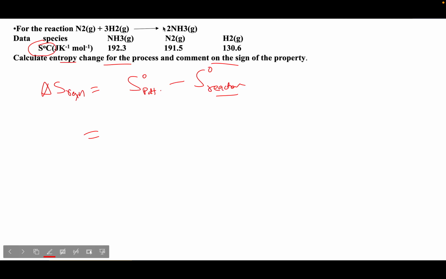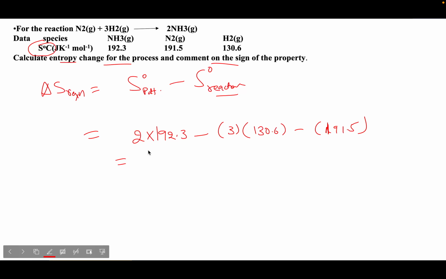So on the product side, this is twice of ammonia, so that is 2 into 192.3, minus 3H2, thrice of H2, for H2 this is 130.6, then minus N2, for N2 it is 191.5.